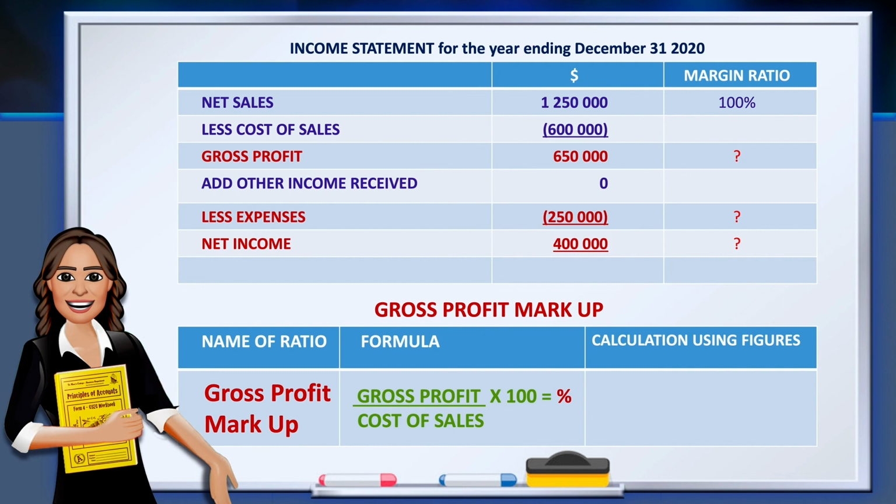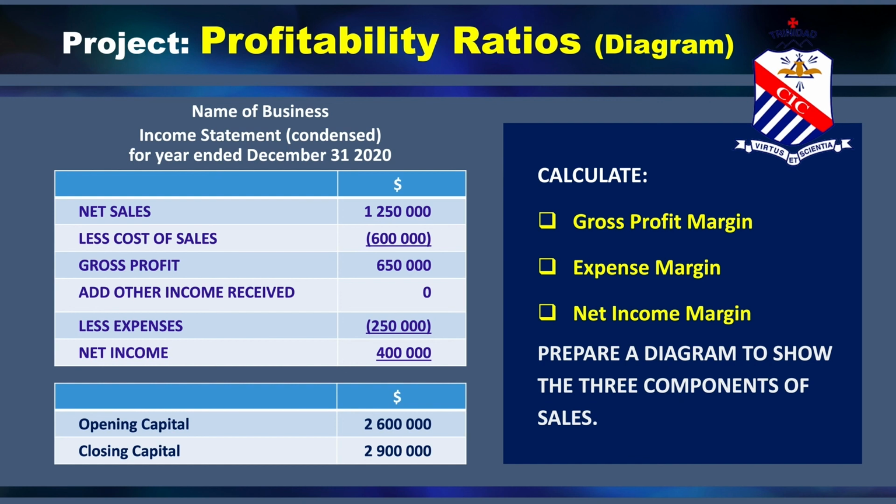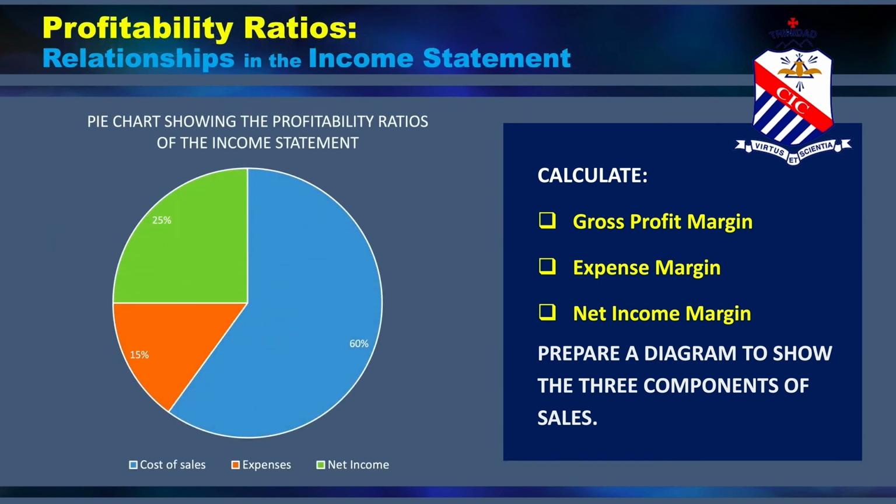In addition to doing the assignment and the calculations, I have a little project for you where you can do a diagram that would represent the profitability using 3 of the components. The 3 components of the sales would be your cost of sales, expenses, and your net income.